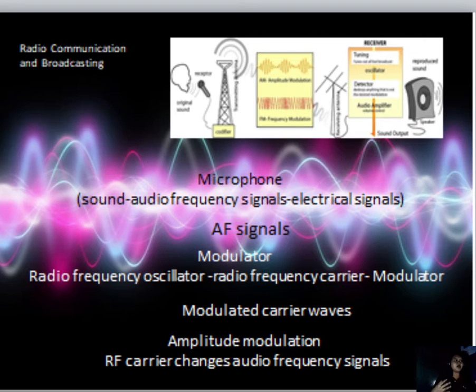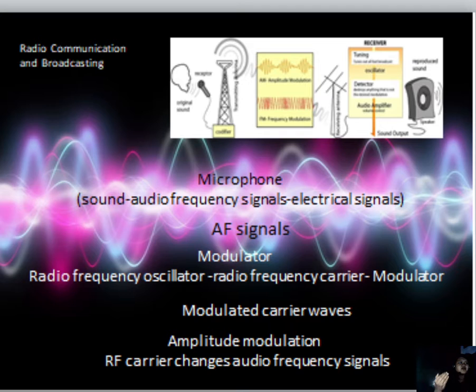Once the microphone is being used, the audio frequency signals are next. Then of course, it is followed by the modulator, wherein after the audio frequency signals, the radio frequency oscillator goes to the radio frequency carrier. From audio frequency, it goes to the modulator, which converts from the RF oscillator to the RF carrier.